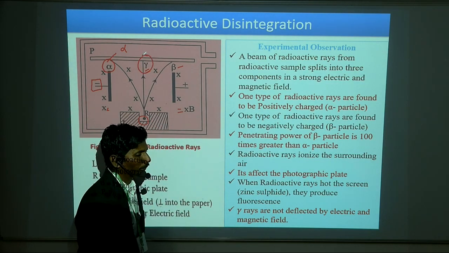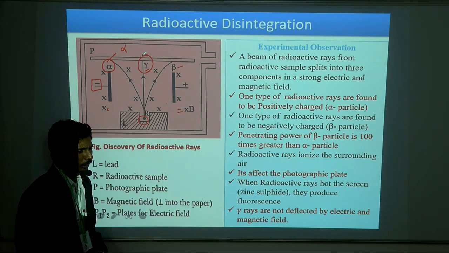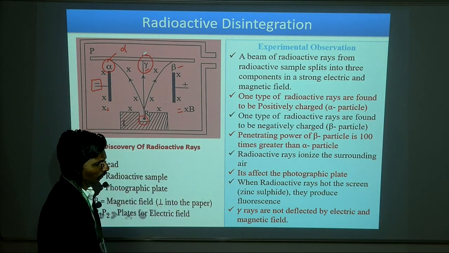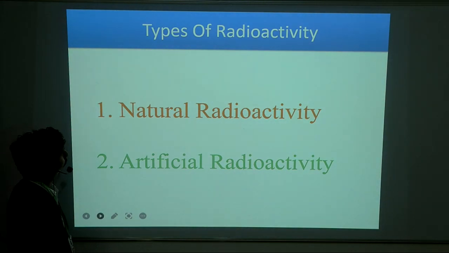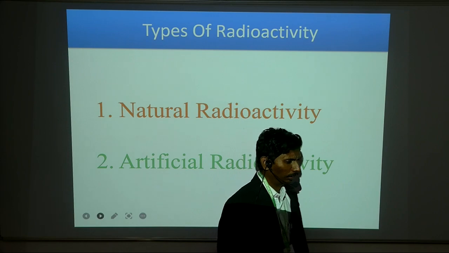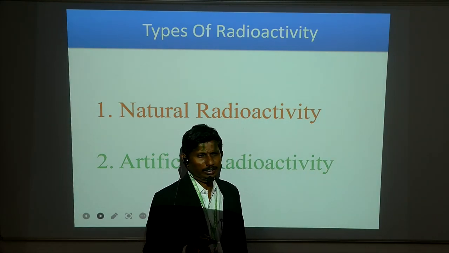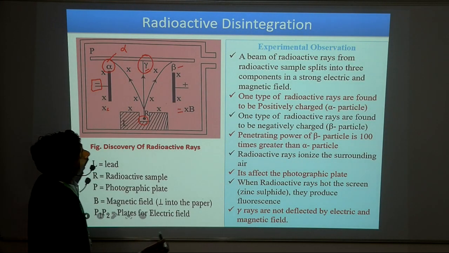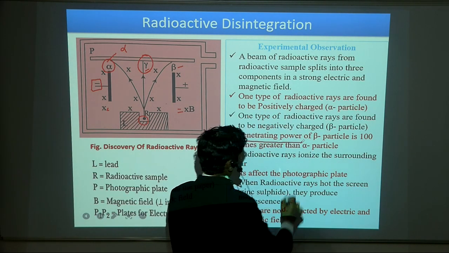On that basis, we study various phenomena like their masses, velocity, ionization power, and penetrating power.